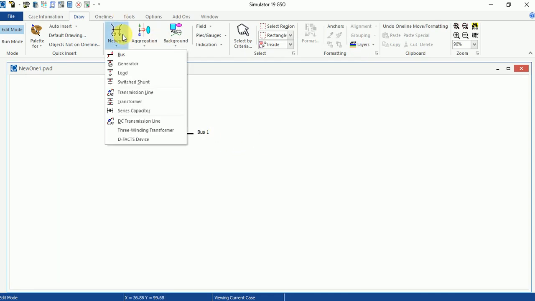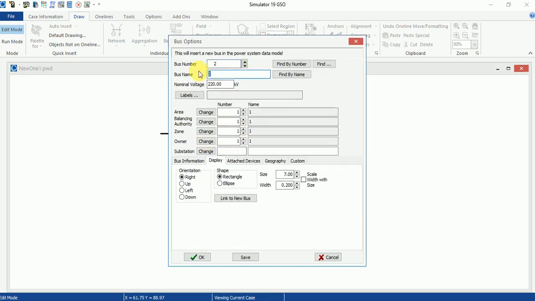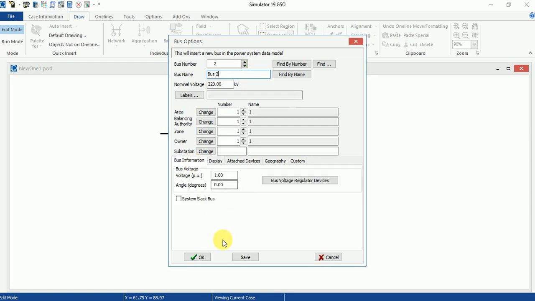Now again go to Network, select Bus, put it here and rename it as bus number 2. As you can see, the nominal voltage is by default 220 as the previous one. So go to bus information and again select 1 plus J0.